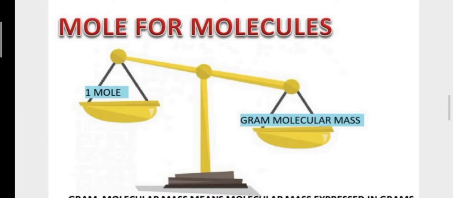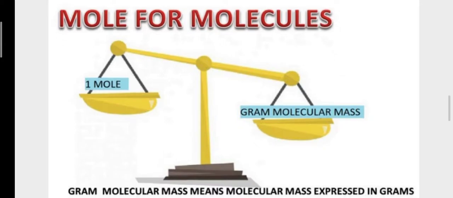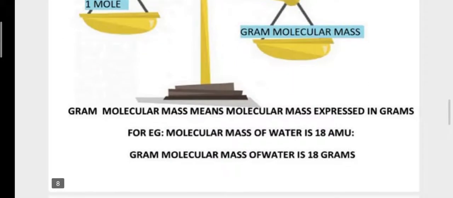Let us see this also with the help of an example. We know the molecular mass of water is 18 AMU. So what will be the gram molecular mass of water? The same molecular mass expressed in grams, that is 18 grams.